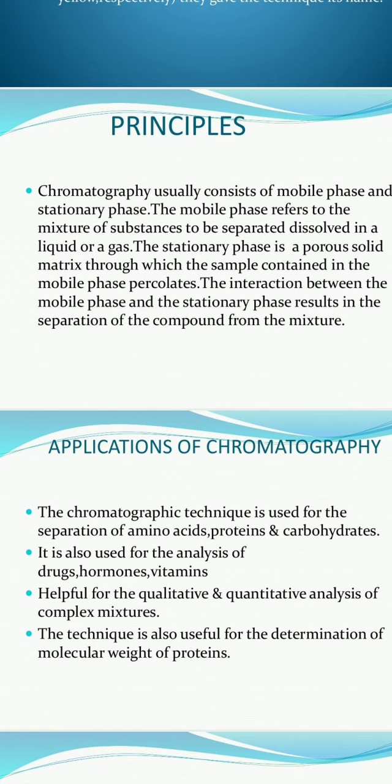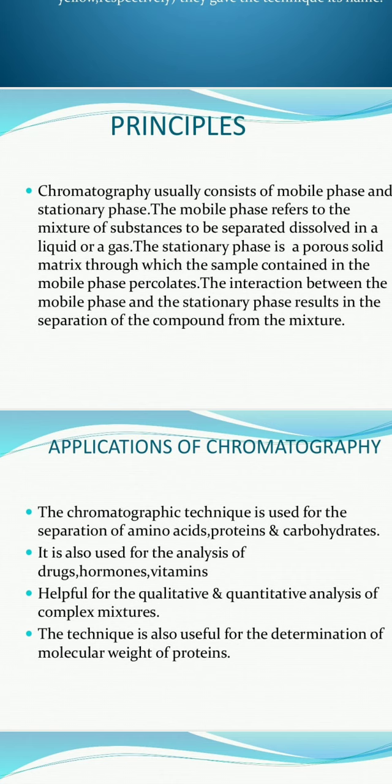It is something like silica gel or other substances used for the separation of components in a mixture. The stationary phase is a porous solid matrix through which the sample contained in a mobile phase percolates, so that there is an interaction between the two phases, and this interaction results in the separation of compounds from the mixture.